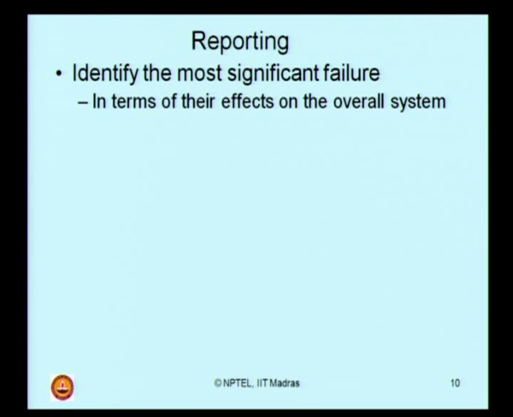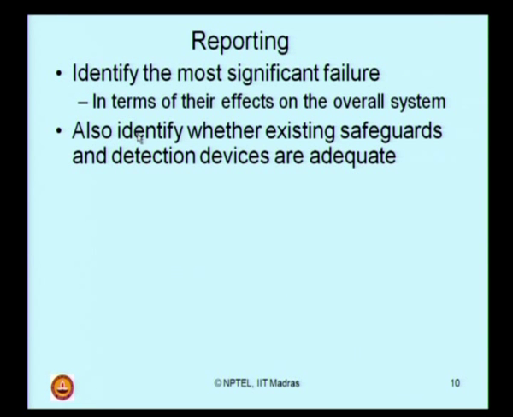For example, you have got different failure modes, and amongst them one has a very significant effect on the overall performance of the system, then identify them in terms of rank. Also identify whether existing safeguards and detection devices are adequate to trace such failure in advance.